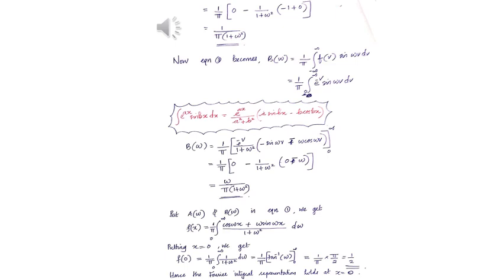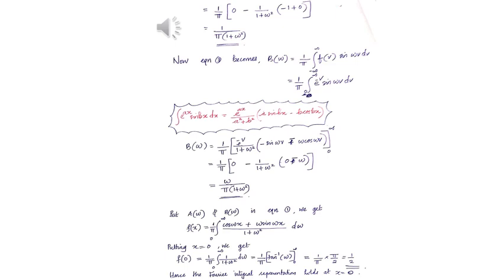Now the f of x becomes 1 by pi integral 0 to infinity of cos omega x plus omega sine omega x divided by 1 plus omega square. So we substitute our values of a of omega and b of omega in equation number 1, and we get the f of x part.